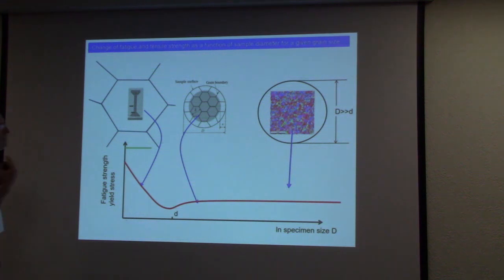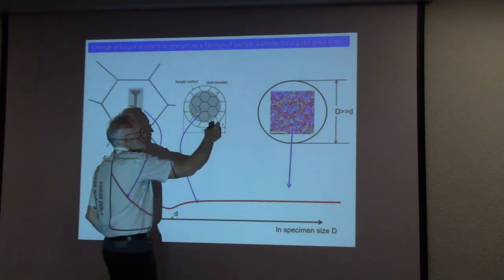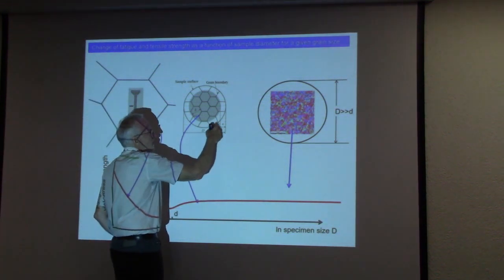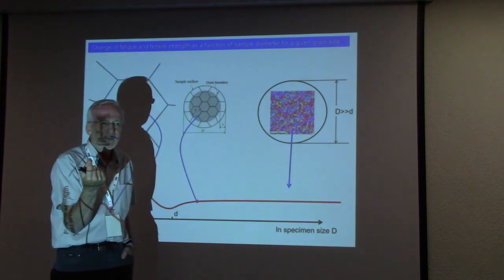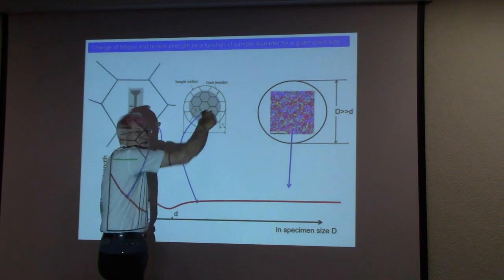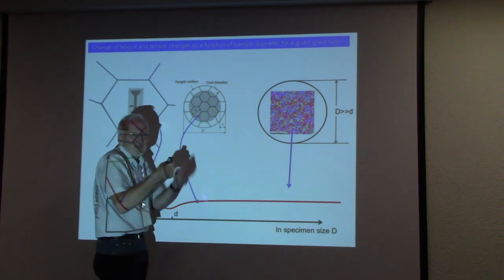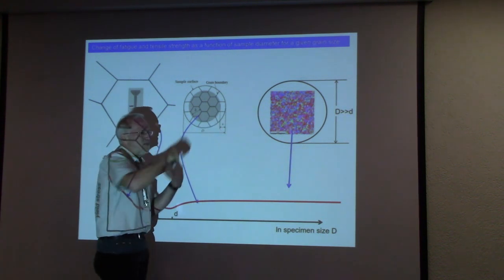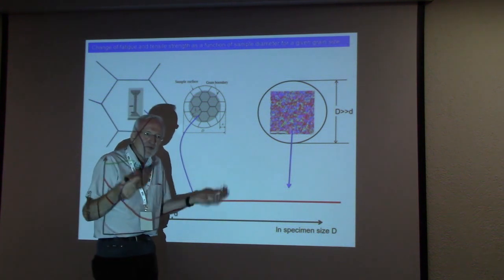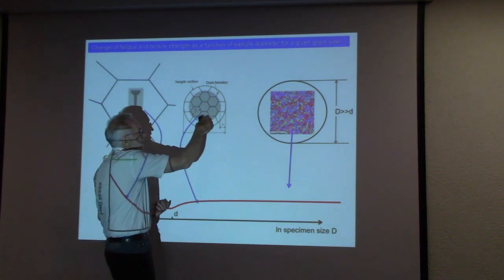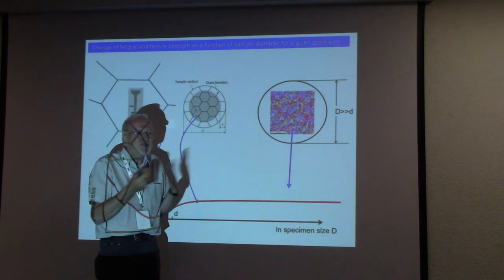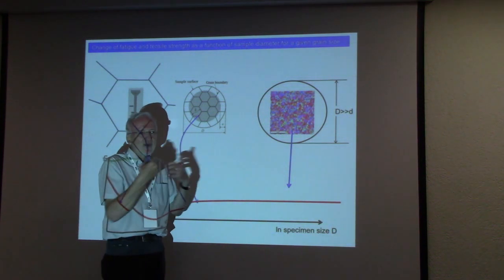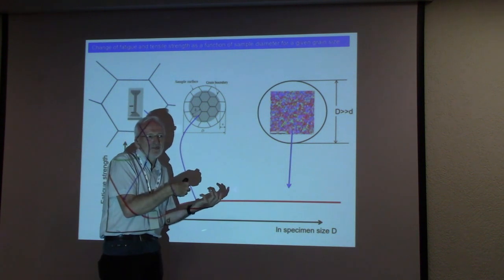That's a simple effect: the plasticity at the surface is not as constrained as in the interior. It is quite easy because at the surface, deformation can do what it wants to do, but here at the boundary to the next grain, plasticity cannot do what it wants to do. It has to adapt to the neighboring grain.